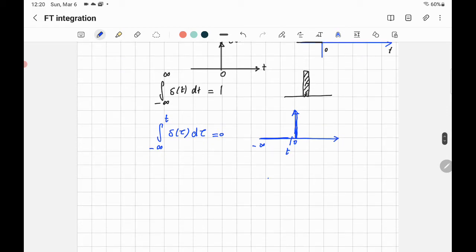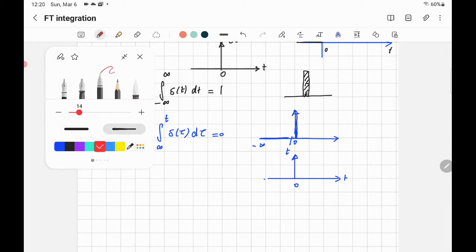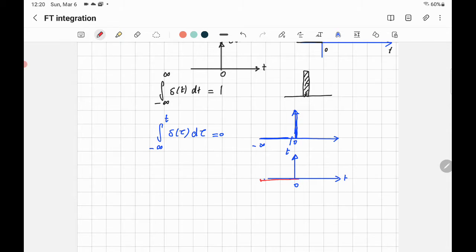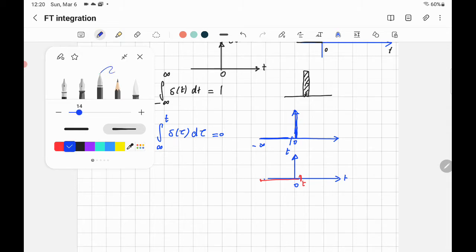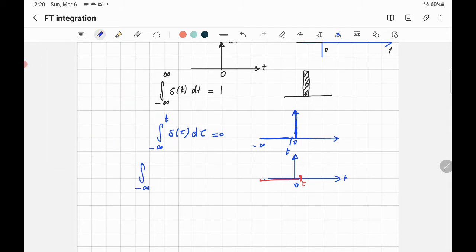But if you have the pulse at t equals 0, and you integrate from negative infinity up to time t, and t crosses 0 and is greater than 0, what will the integration be?